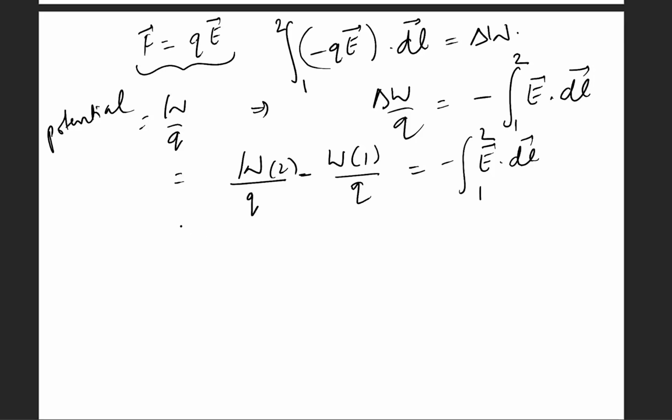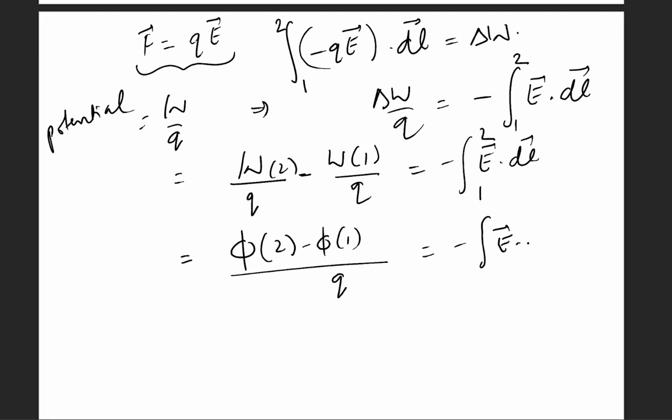So this work done per unit charge is known as potential and represented as phi or V. So this is the definition of the electrostatic potential.